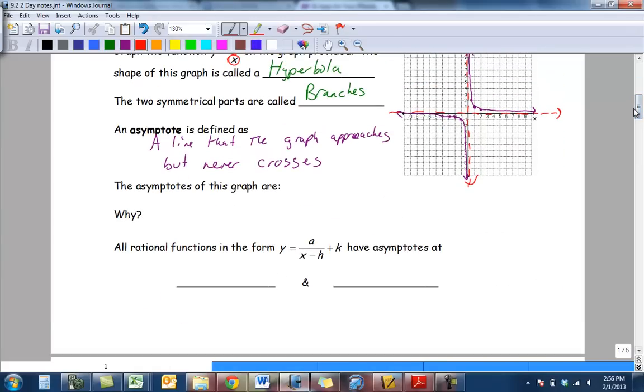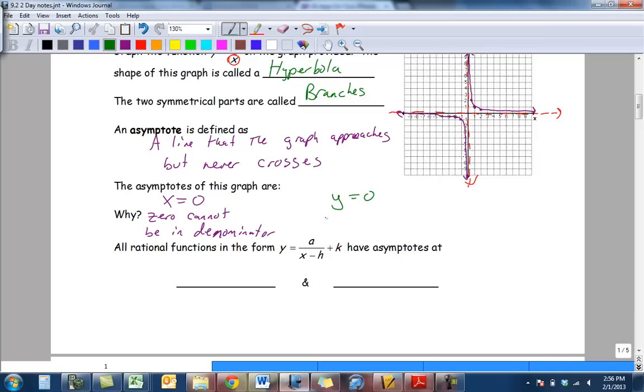Now, here's the thing. The asymptotes of this graph are, oh yeah, we forgot to talk about that. x is equal to 0. Why? Because 0 cannot be in the denominator. Then that's this asymptote. Then this horizontal one is y is equal to 0.